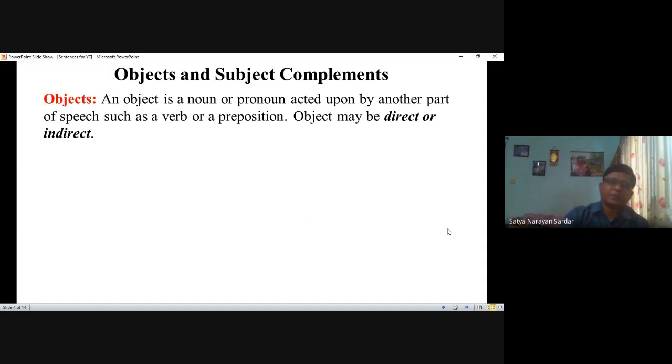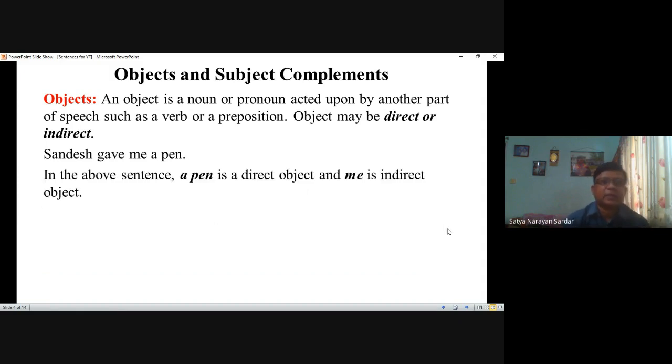This also is part of a sentence. Sandesh gave me a pen. In this sentence, a pen is a direct object because action of giving relates to pen. Me is indirect object. Be clear.